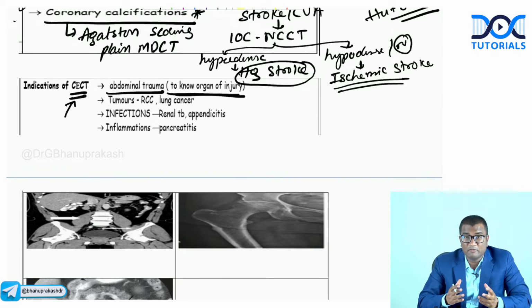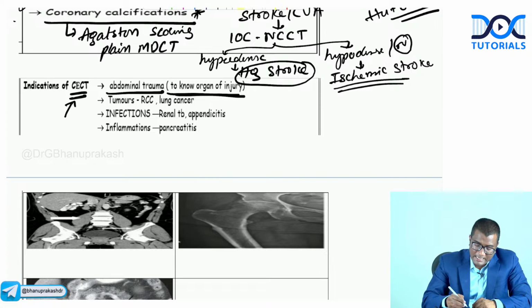But when there is hemoperitoneum, you want to know which organ is responsible: is it the liver injured, is it the spleen injured? You will go for a contrast CT. Wherever the contrast is leaking from, that is the organ that is injured. If it is leaking from the liver, the liver is injured. If the contrast is leaking from the spleen, there is a contrast blush, so that indicates splenic injury. That is the reason we go for a contrast CT for knowing the organ injured in abdominal trauma.